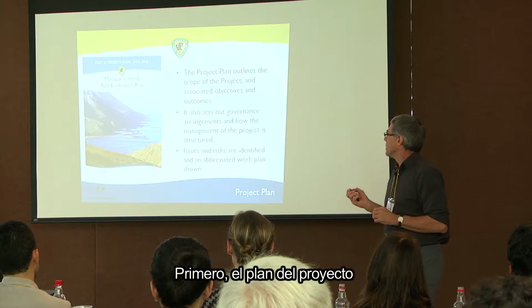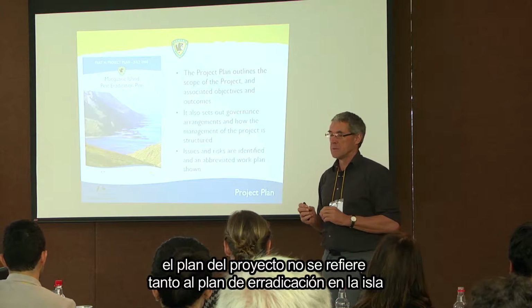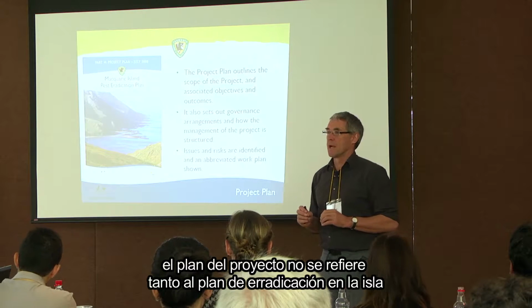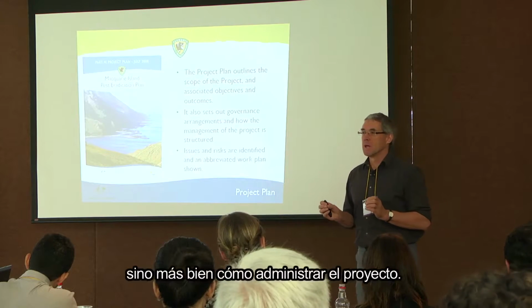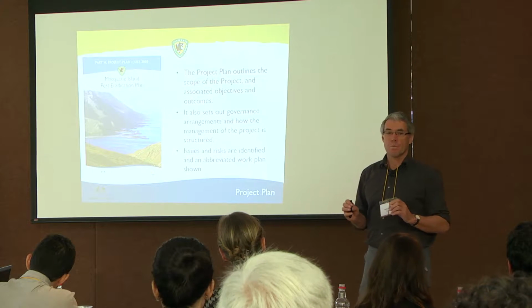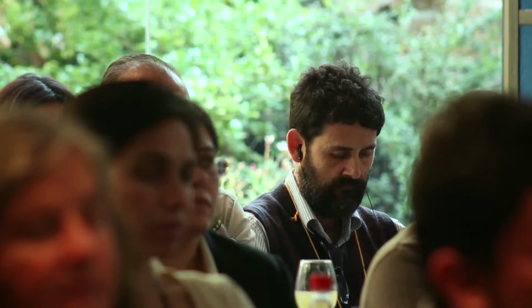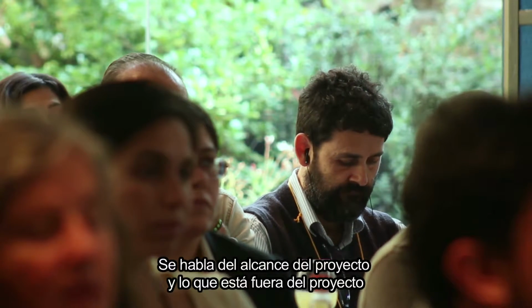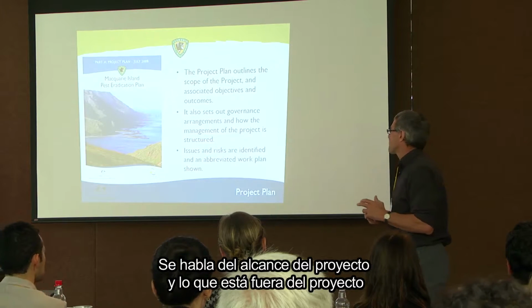Firstly, the project plan. The project plan is really not much to do with eradicating pests from an island. It's all about how the project will be managed. So the project plan says what is the scope of the project and what is outside the scope of the project.